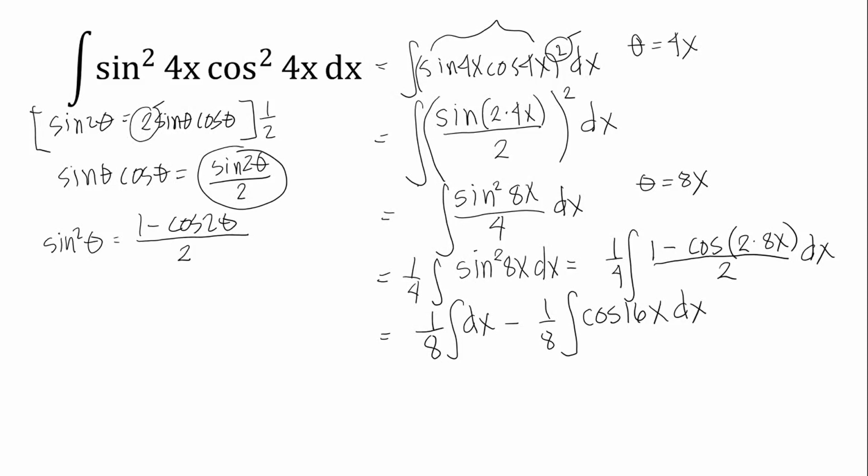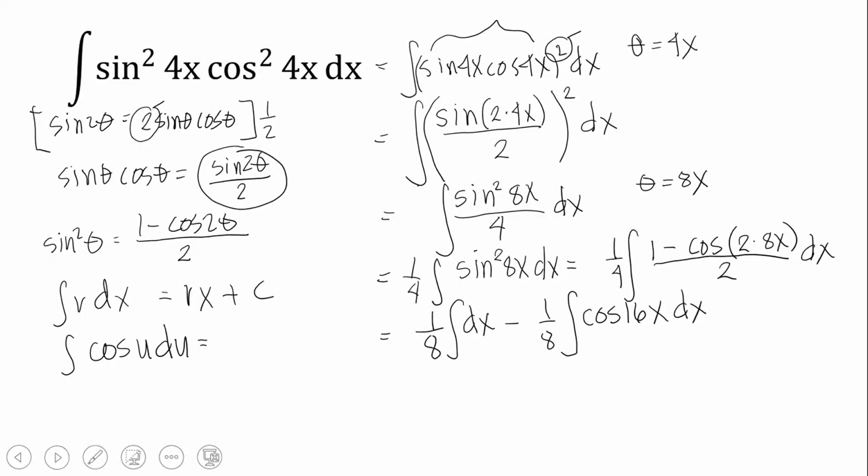Okay, so now we can apply the integration rules that we already have discussed. That is the integration of r dx is equal to rx plus c, right? And the integration of cosine u du is equal to sine u plus c. You can remember.